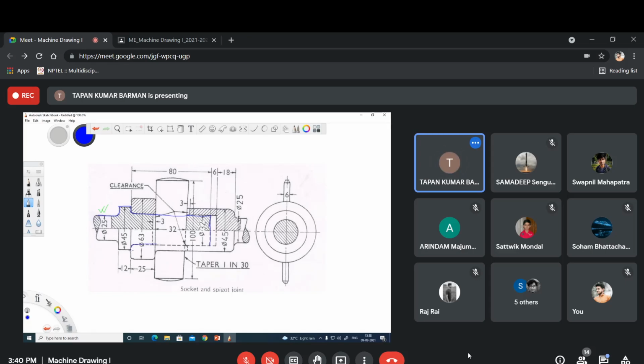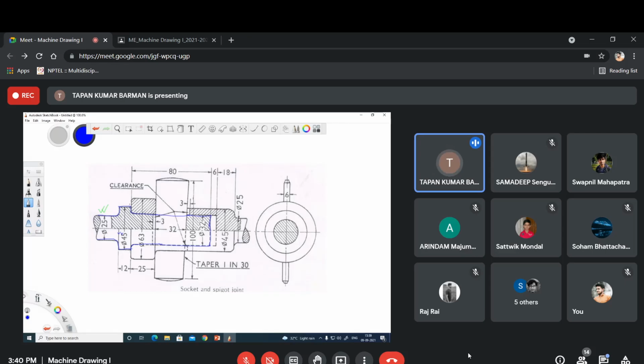Again. So when I am making the drawing separately for this left hand side component, the thing is, here this drawing is wrong. Why?